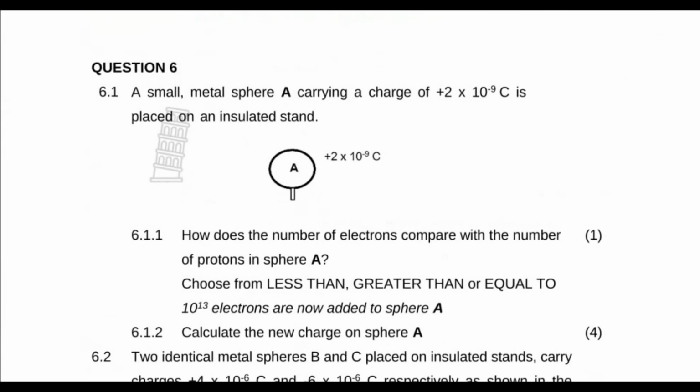Question 6. I think this is the longest video I've ever done. Question 6. A small metal sphere A carrying a charge of positive 2 multiplied by 10 raised to the power of minus 9 coulomb is placed on an insulated stand. So there is the charge.